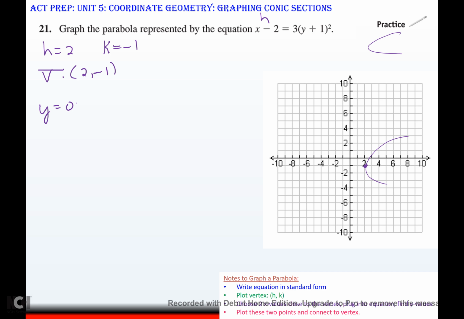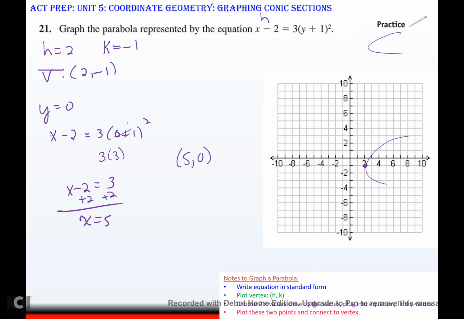So if I make y 0, I get x minus 2 equals 3 times 0 plus 1 squared. 0 plus 1 is 1, squared is 1, times 3 is 3, so I have x minus 2 equals 3, add 2, and I get x equals 5. So this ordered pair would be 5, 0, which is right here.